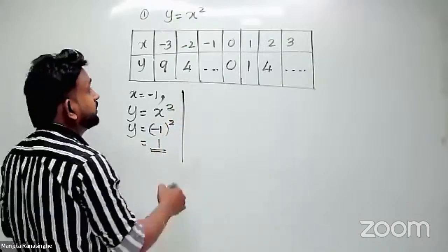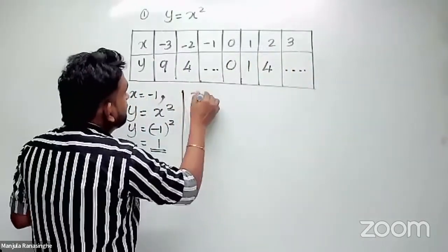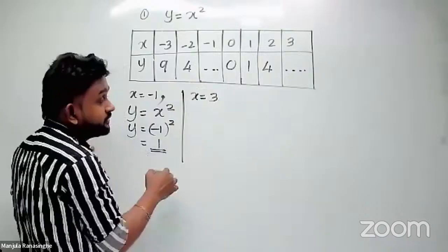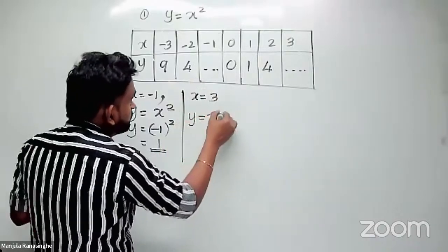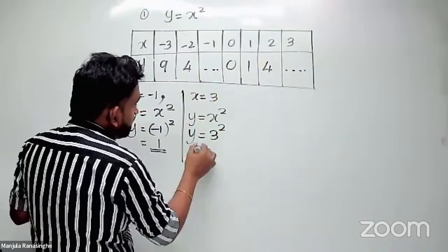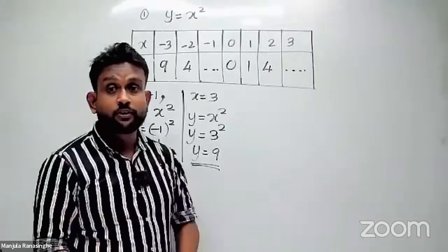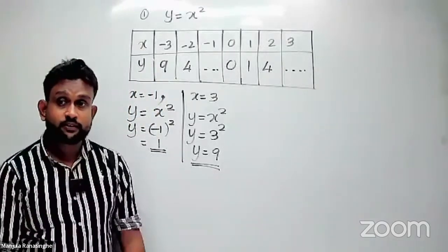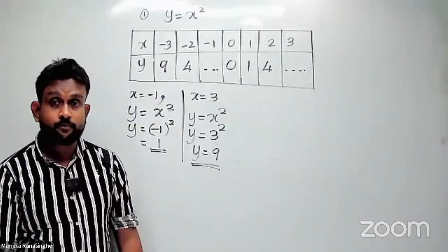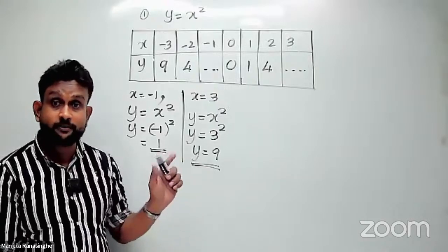The next one, when x equals +3: y equals x squared, write x as 3, 3 squared is 9. So y equals 9. These are the two values corresponding to the given x values.